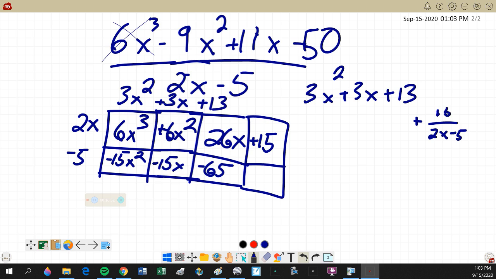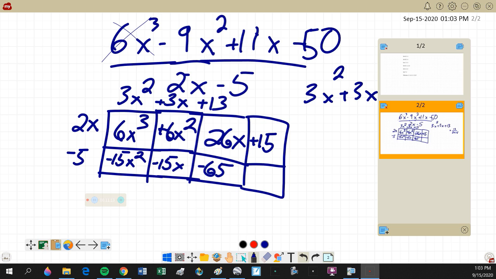Now, there is a shortcut sometimes. Sometimes there's a shortcut, sometimes there isn't. So if the thing you're dividing by has a root that is an integer, there's a shortcut. So I wonder if I have any. Nope.